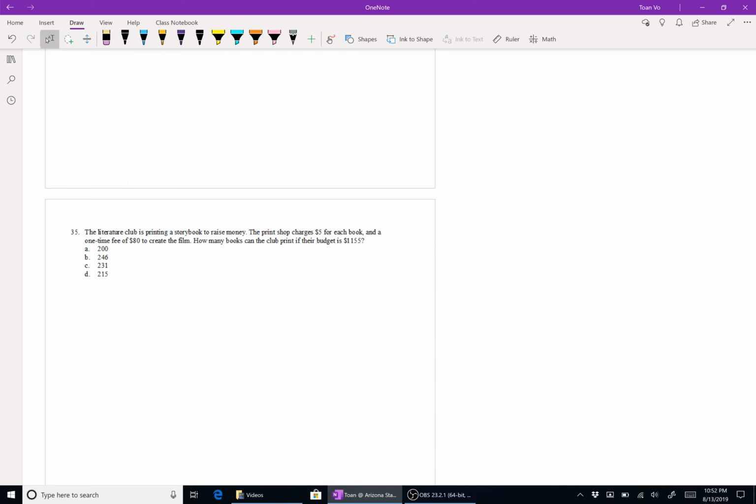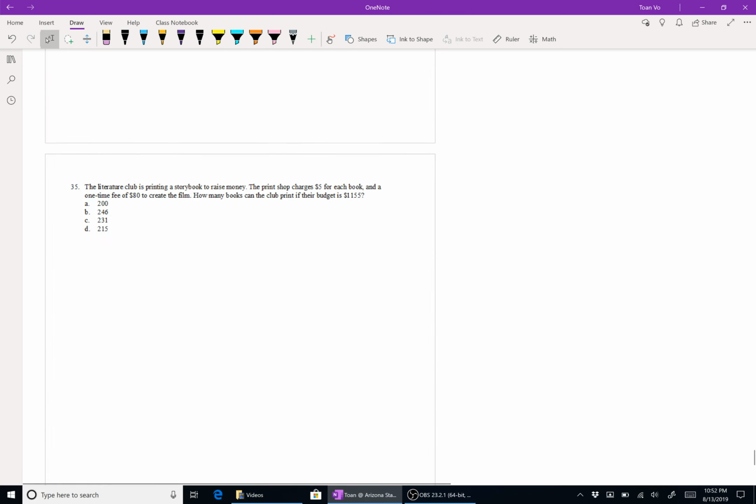Last but not least, word problem. Literature Club is printing a storybook to raise money. The print shop charges $5 for each book. So anytime in a word problem that there's a recurring thing, it changes this amount every single time. You pay this for every single item. That number, in this case 5, is usually going to be attached with the variable.